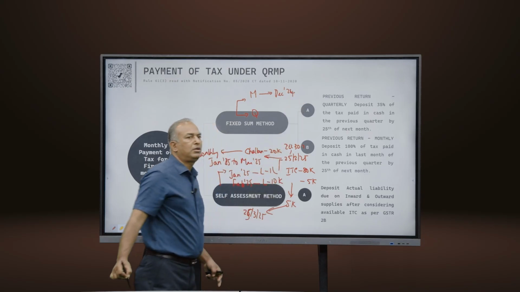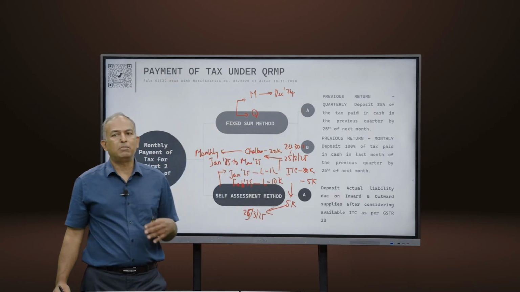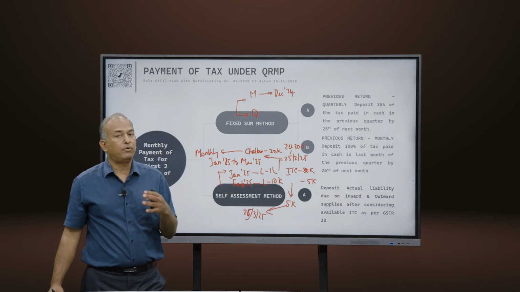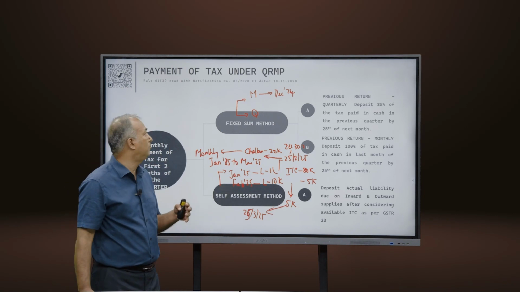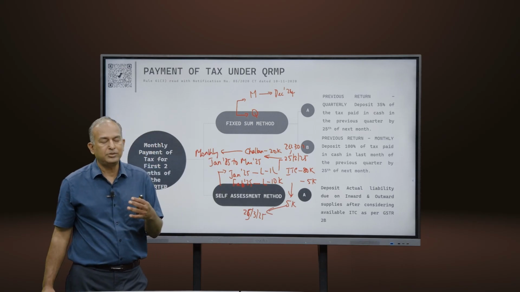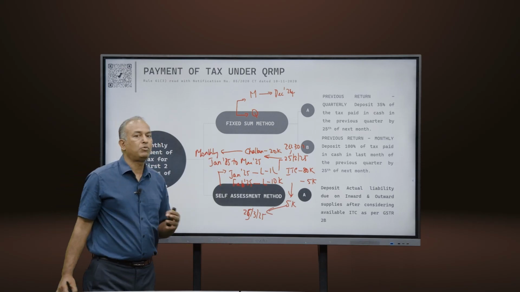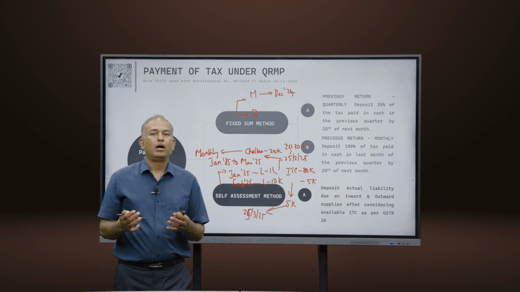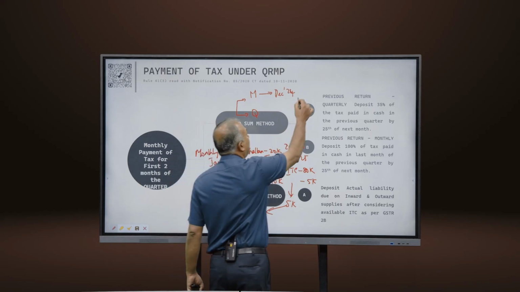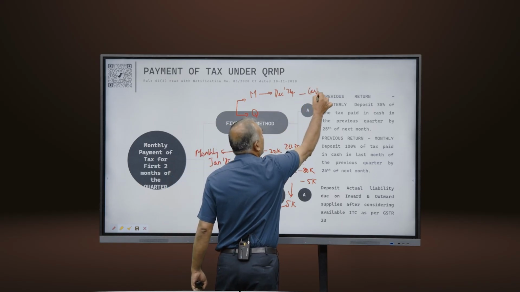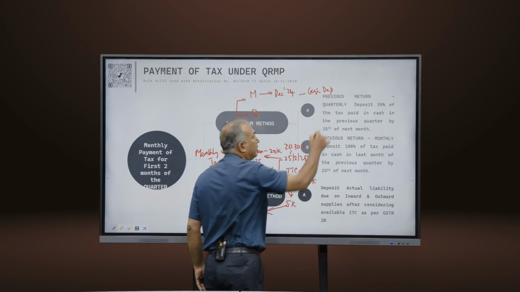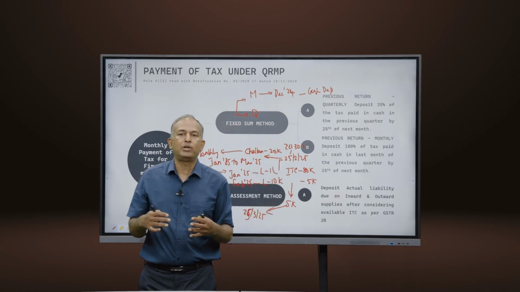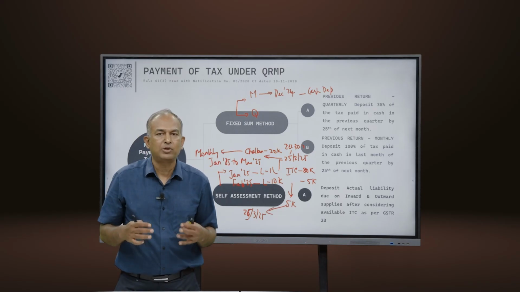In the month of December 2024, the monthly return, that is the monthly GSTR 3B for December 2024, the taxpayer just needs to look at how much cash deposit he has made. There are two possibilities. The cash deposit is how much amount he has paid from the cash ledger.